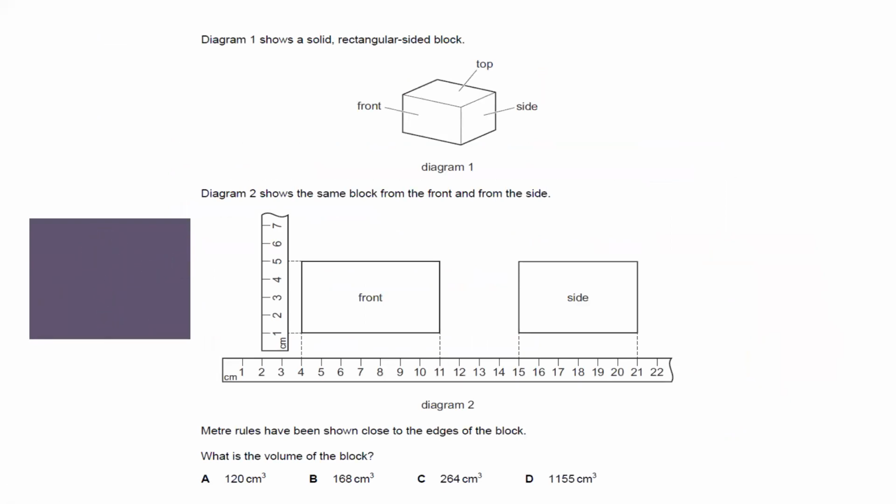Another question. The diagram shows a solid rectangular block. The second diagram shows the same block from the front and from the side. A meter rule has been shown close to the edges. What is the volume of the block?